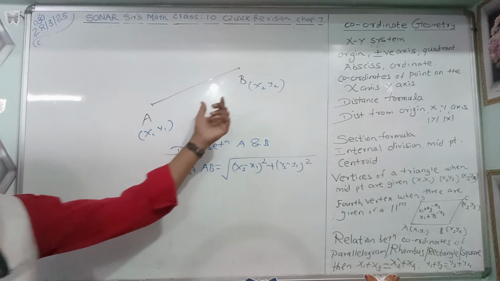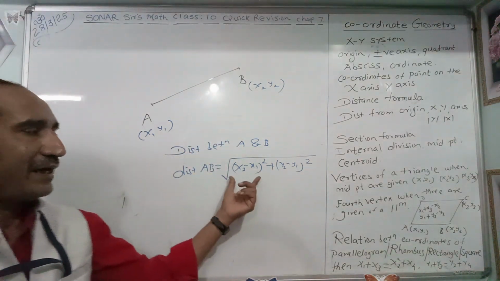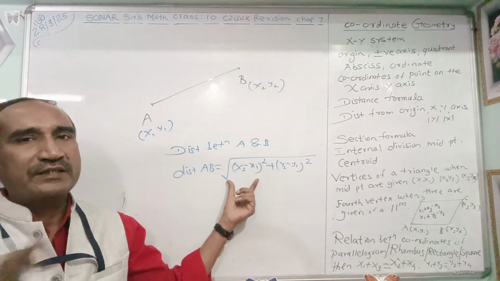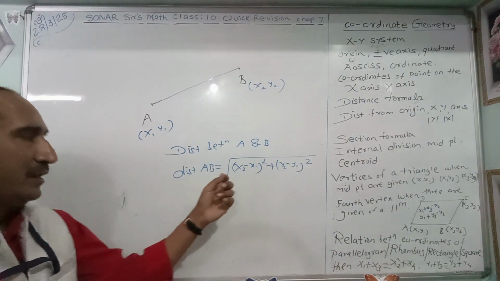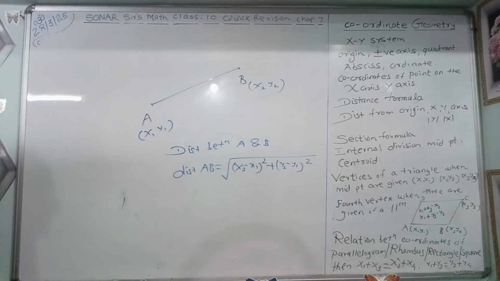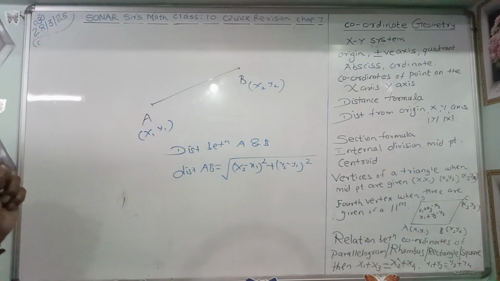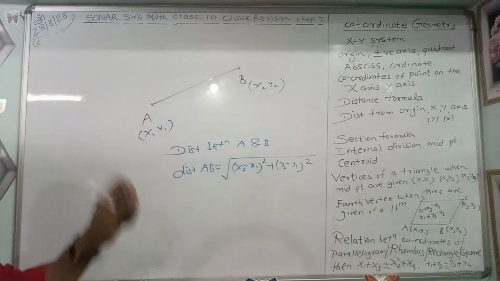Here you can use x1 minus x2 also, because there is a square, and if it is x1 minus x2 or x2 minus x1, the square becomes positive only. That's why we can use x2 minus x1 squared or x1 minus x2 also. This is the distance formula for finding the distance of any 2 points when their coordinates are given.